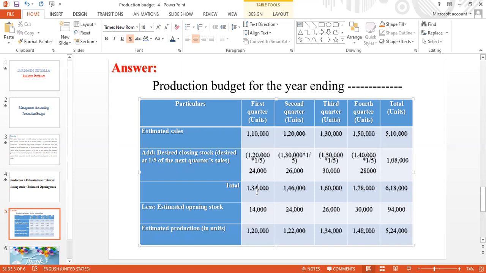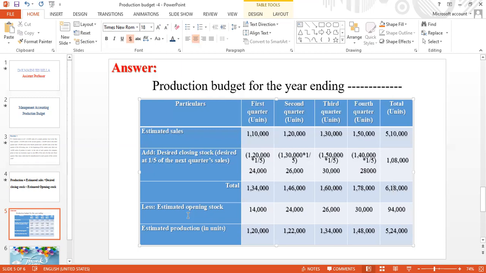You will get 1,34,000 for the second quarter, 1,20,000 plus 26,000, 1,46,000 for the third quarter. The sales 1,30,000, closing stock 30,000. So 1,60,000 for the fourth quarter, 1,50,000 plus 28,000. You will get 1,78,000. You can total it. You will get 6,18,000. Okay.